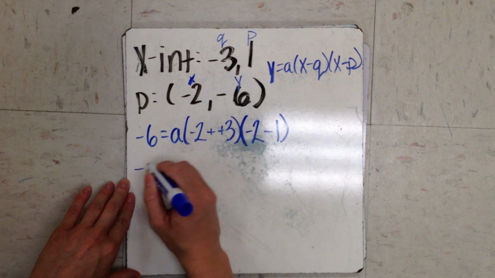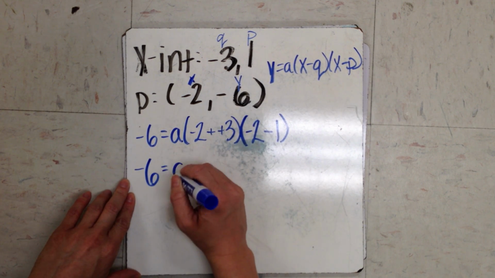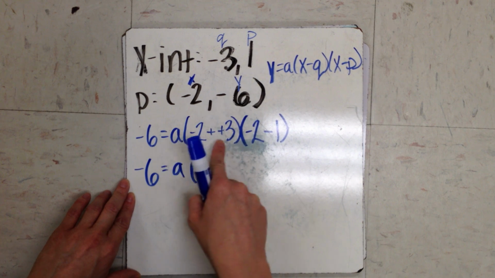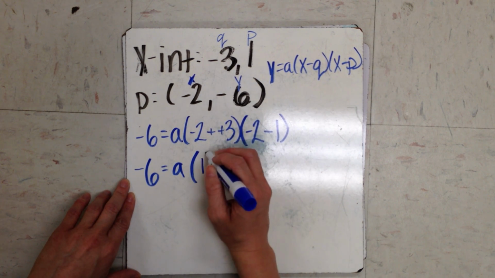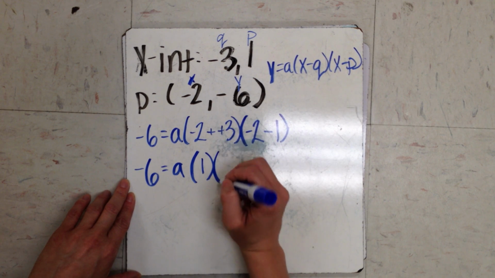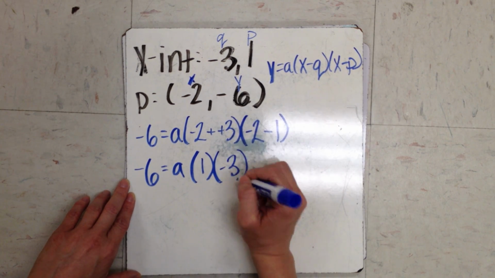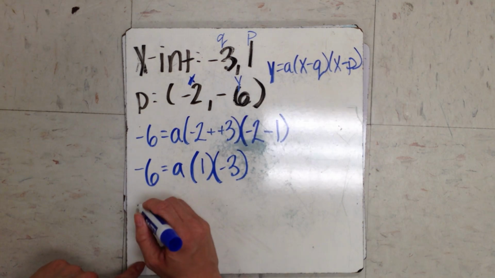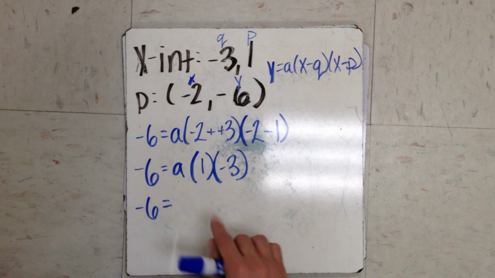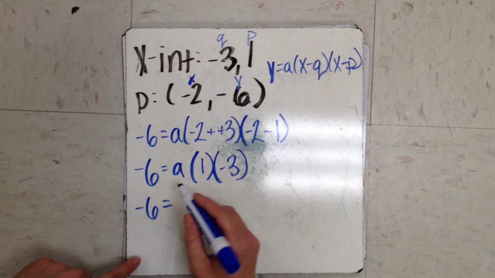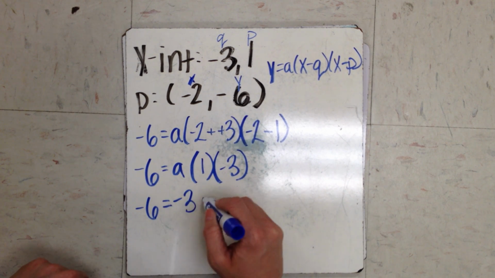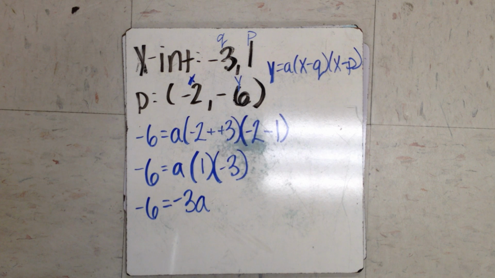Next line, we'll get -6 equals a times -2 plus 3, which is 1, close parentheses, then times -2 minus 1, which is -3. Our next line, we get -6 equals 1 times -3 times a will give us -3a. Divide both sides by -3, we'll get 2 equals a.